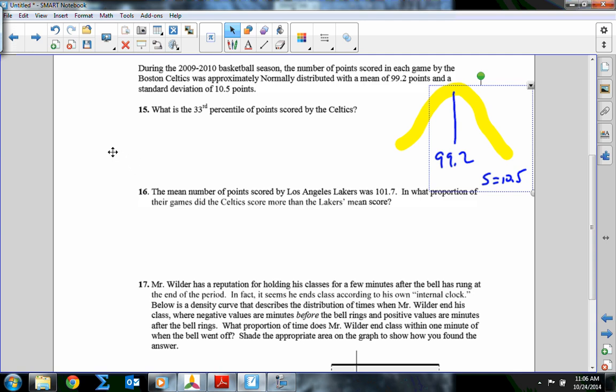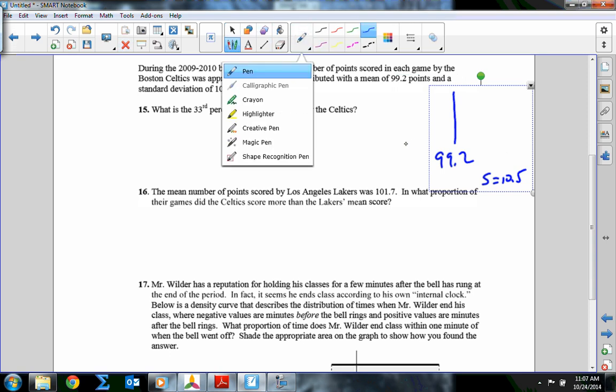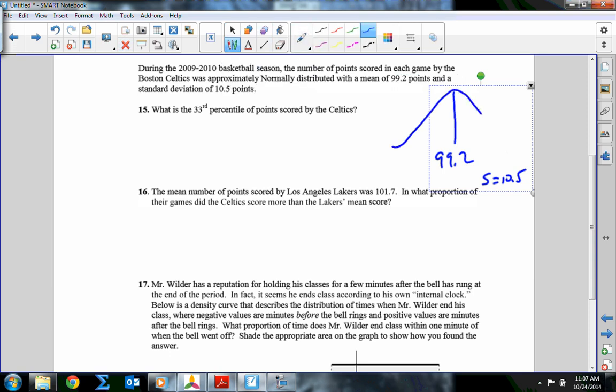So the first thing we want to do is, here's my picture. Well, my picture's not very good. That's better. So the 33rd percentile is this stuff. So I need the z-score associated with that. So I'll do the inverse norm, and I get negative 0.44.